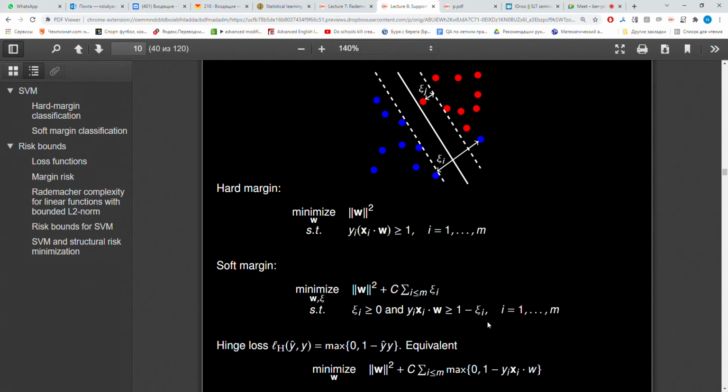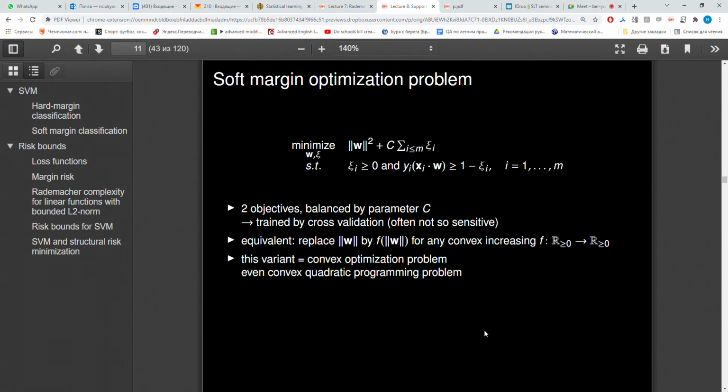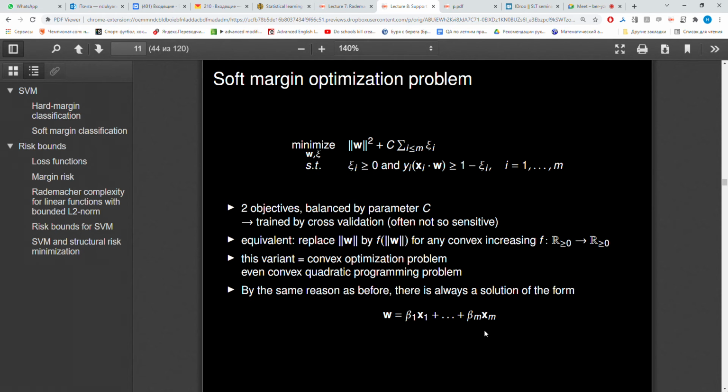So we don't just try to find the best W. It is still a problem that can be computed in appropriate time, polynomial time. Also you can see that even replacing the norm of the vector w with some convex function f of the norm of w, we achieve a convex optimization problem, and we can compute it in appropriate time.